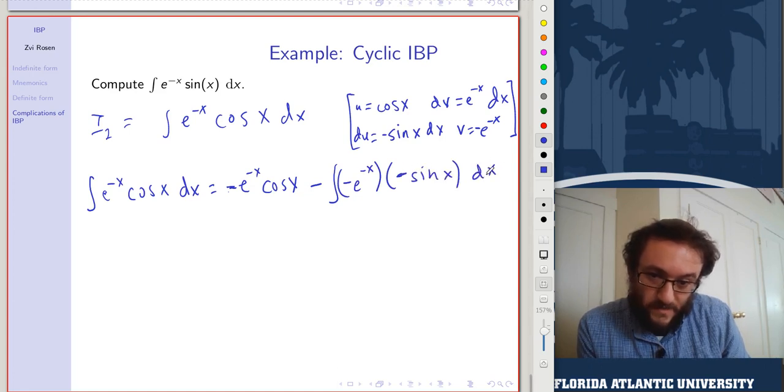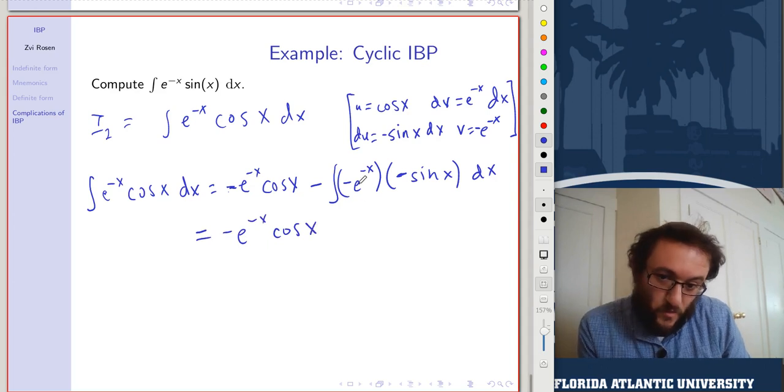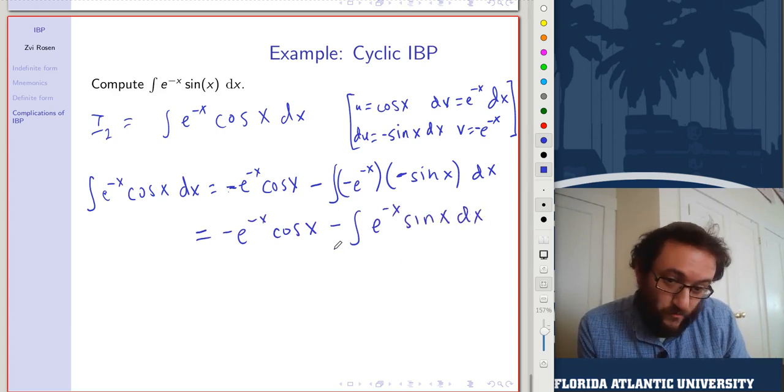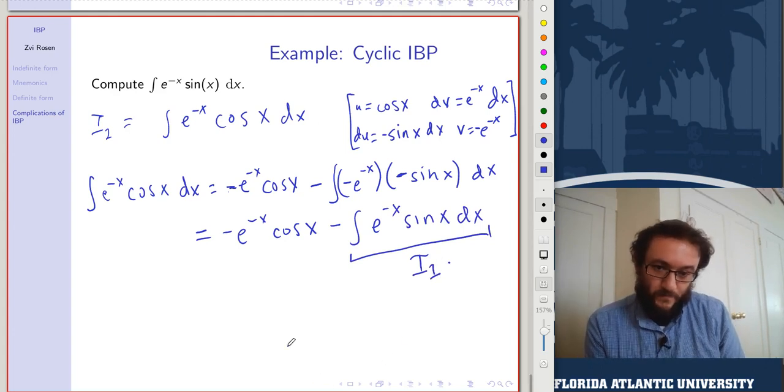Okay, so this is minus e to the minus x cosine x. Now we have two minus signs that cancel here, so we have minus the integral of e to the minus x sine x dx. And now we notice that this is what we started with. This is our I1. Okay?